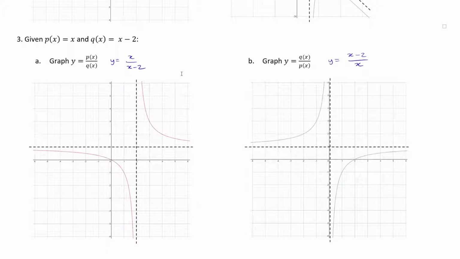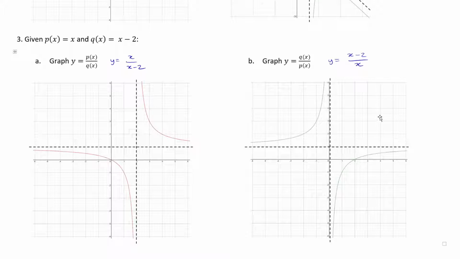And again, I can get that horizontal asymptote by looking at the end behavior of my function. As x goes to negative infinity, this function will approach 1. And as x goes to positive infinity, it will also approach 1. So we have to include a horizontal asymptote at y is equal to 1.